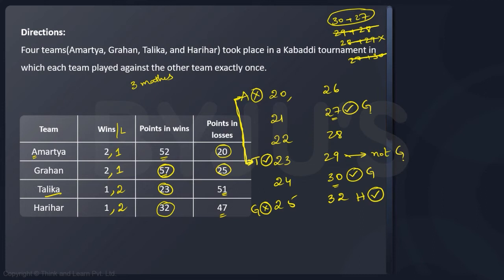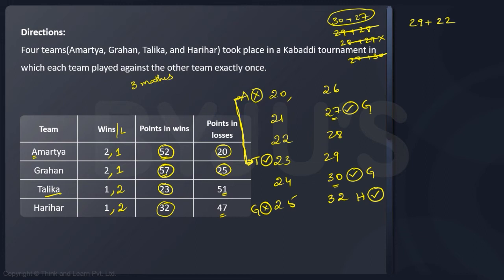Now we got all three of Grahan's, so I can just erase this unnecessary part. Okay, let's take a look at 52. What can add up to 52? Now 29 can add up to 52 with 22. That could be possible, right?